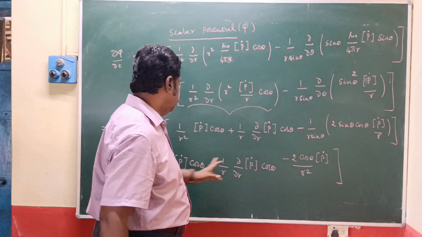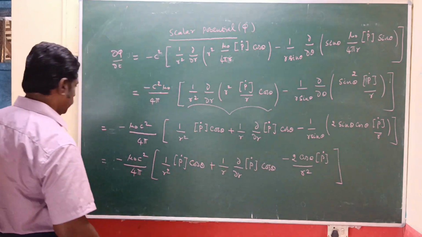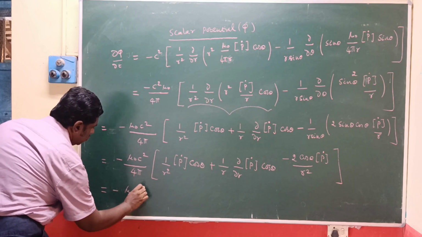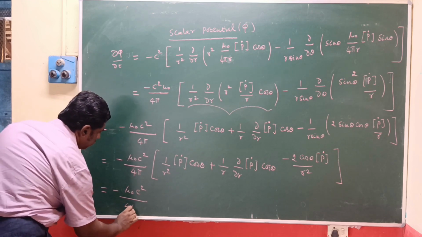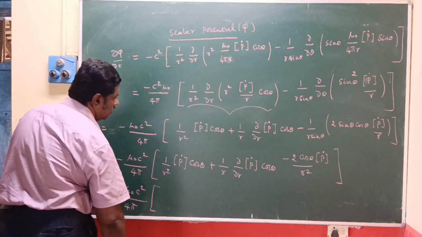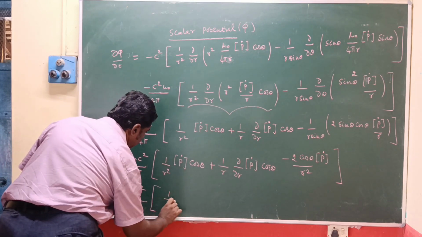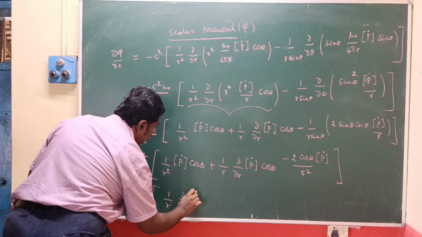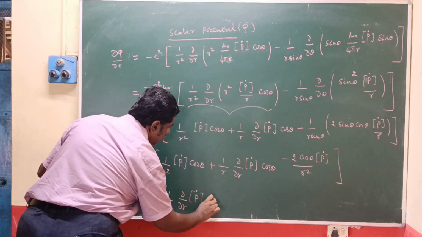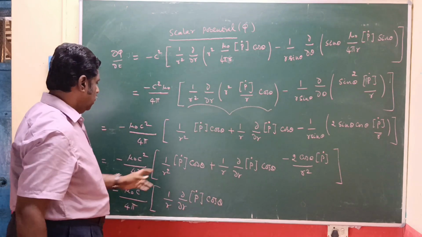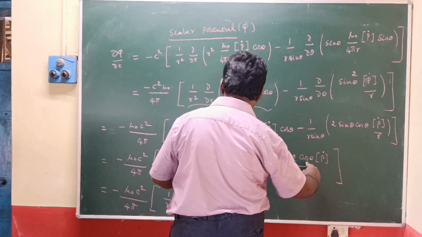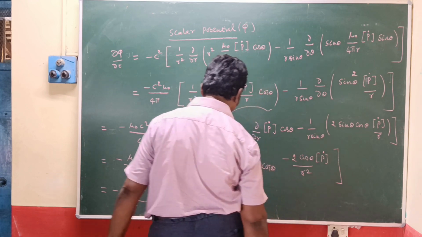Now you have to combine these two terms. This is equal to minus mu naught c square divided by 4 pi. Write on this term 1 by r dou by dou r of P dot, inside the square bracket, into cos theta. 1 by r square P dot cos theta minus 2 times cos theta P dot divided by r square.